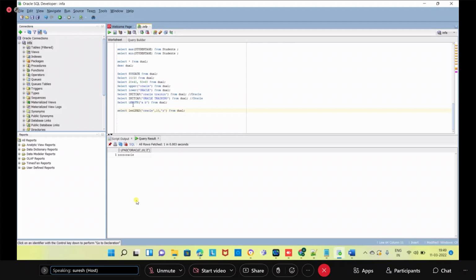If you see here, you can write the length. You can catch the length also here. If you see, after padding, the length of this string is holding 10 size, which is the one which we give. So if we give 20 here, then 20.